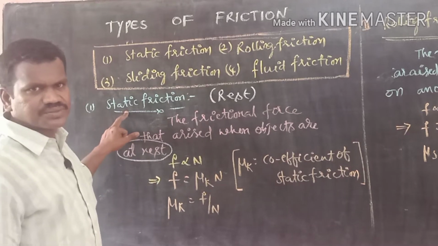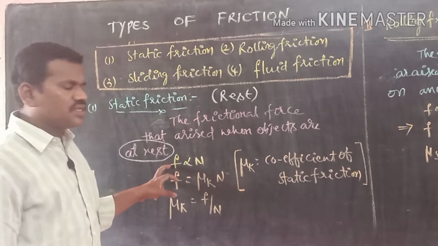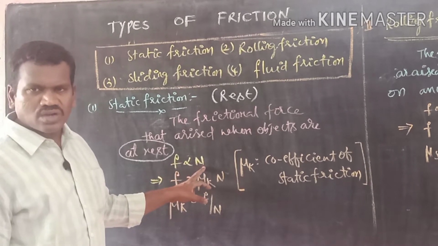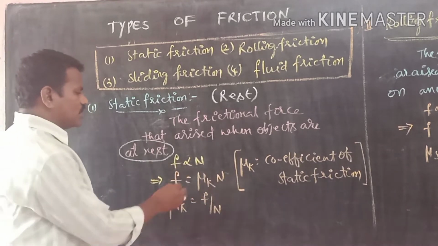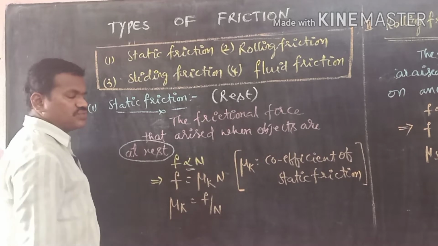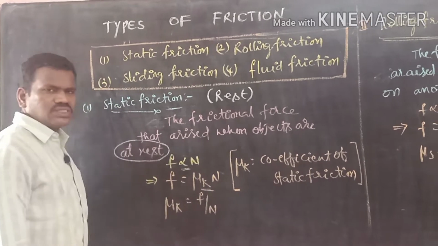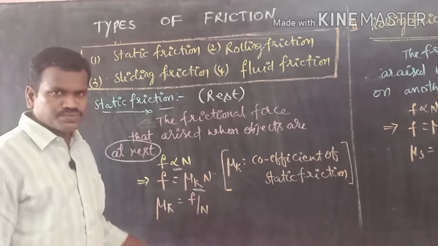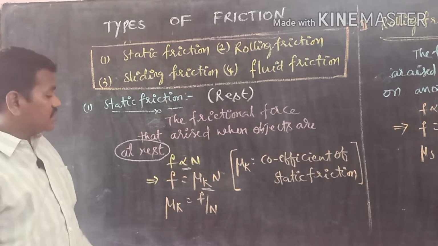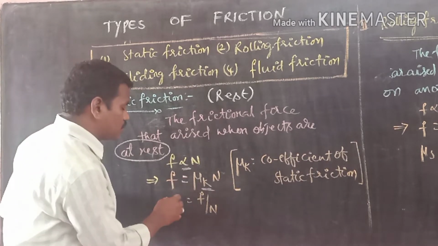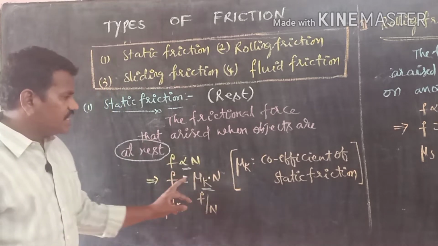Static means rest. Here also, frictional force F is directly proportional to normal force N. To remove the proportionality, what should we introduce? A constant. That constant is represented by the letter mu. But this constant is because of rest, so F is equal to mu k into N. What is mu k?